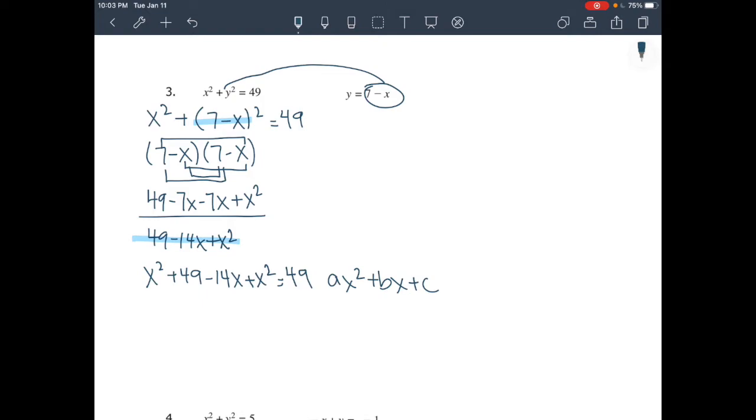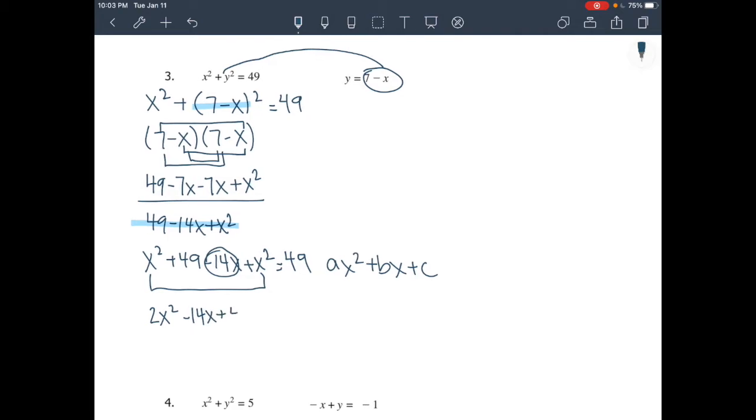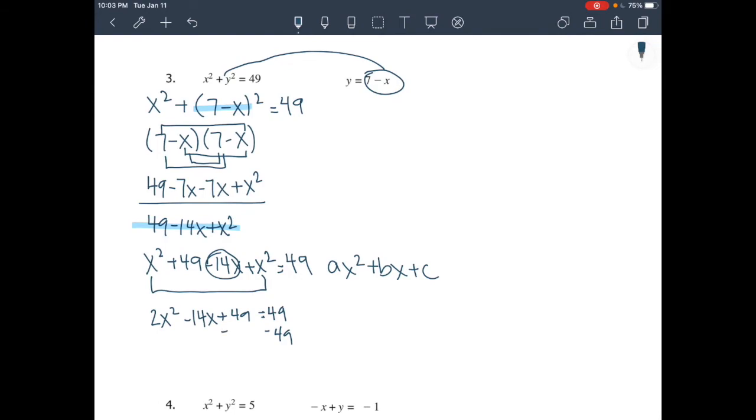So there's some rearranging definitely to do here. First, I'm going to put the x squareds together, so I have 2x squared. And then I'm going to put the negative 14x next, because that should be where it goes, and then plus 49. And then equals 49. So then in this one, I'm going to take away 49 from both sides to get it equal to 0.